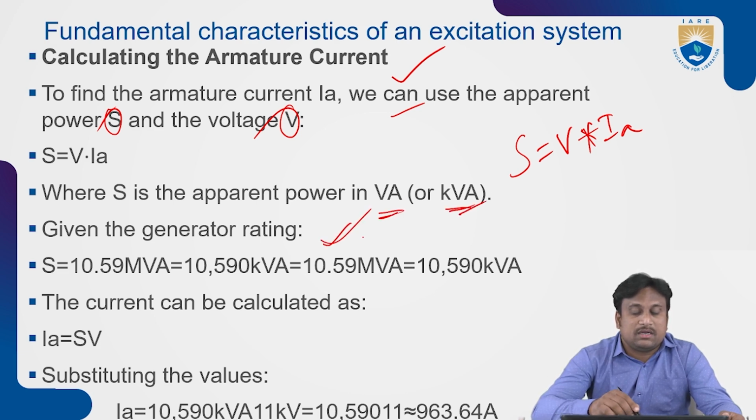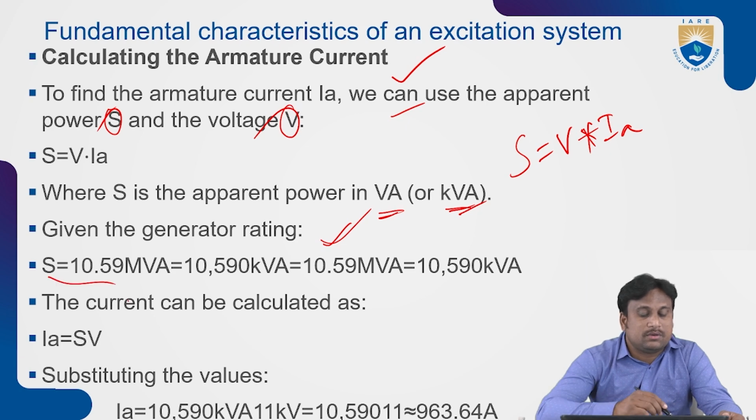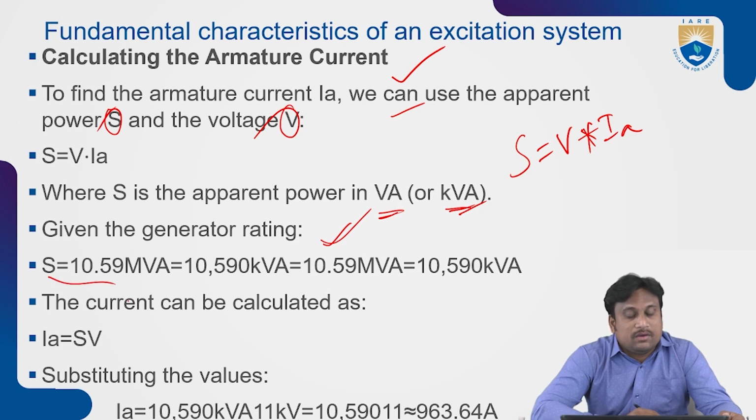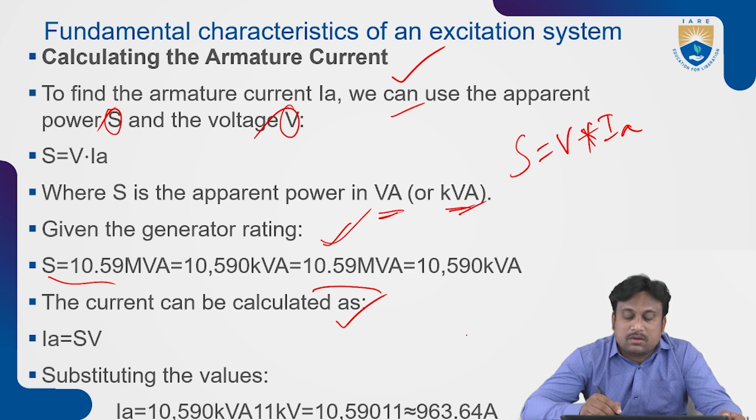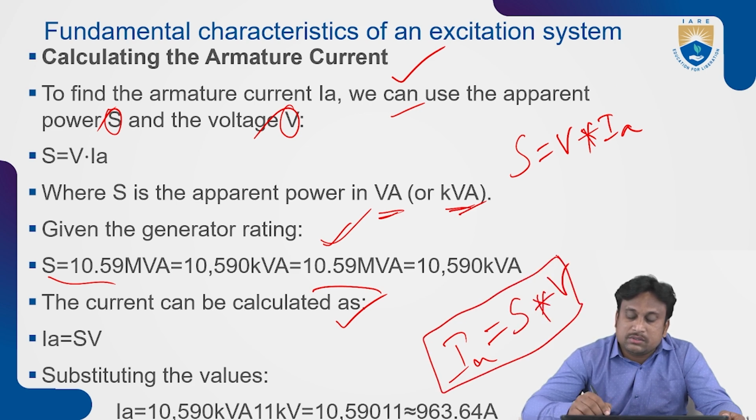Now given that the generator rating S equals 10.59 MVA, which is about 10,590 kilovolt-amps. So the current can be calculated as IA equals S divided by V. This is how we calculate the armature current.